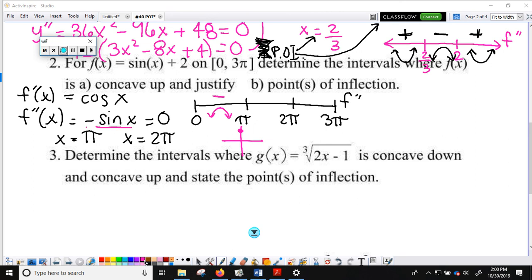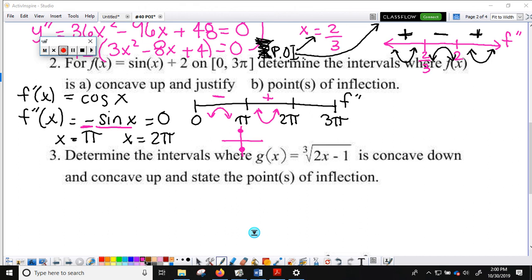Picking a point between pi and 2 pi, 3 pi over 2 is a convenient one to pick. Down here, sine would be negative 1, times the negative in front in our second derivative gives us a positive value for our second derivative. So the graph of f is concave up.